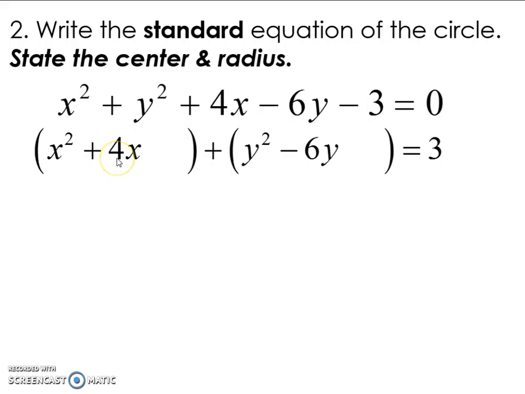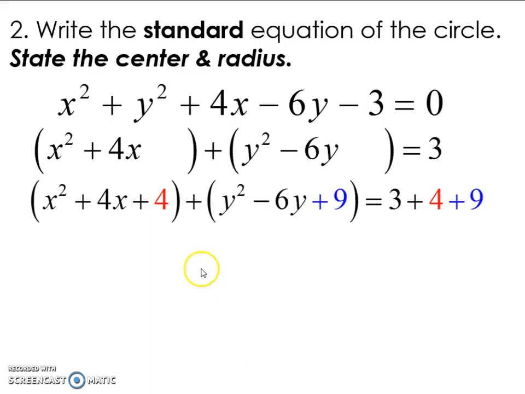Grab the b term, which is 4, divide it by 2 and square it, which is 4. So I'm going to add 4 here. Take the -6, divide it by 2 and square it, which is 9. Add 9. On the right-hand side, since I added 3 here and added 4 here and added 9 here, that's what I'm doing to the right-hand side.